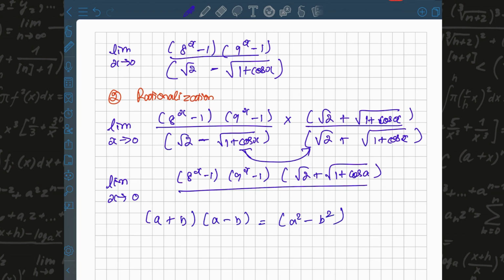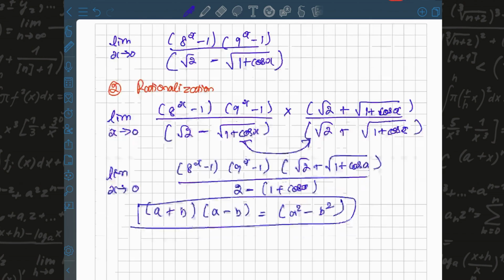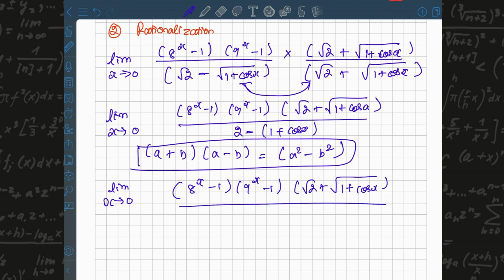Using this identity we write the denominator as 2 minus (1 plus cos x). Further simplifying, limit x tends to 0, (8^x minus 1)(9^x minus 1)(root 2 plus root of 1 plus cos x) divided by (1 minus cos x). So this is the most simplified format.